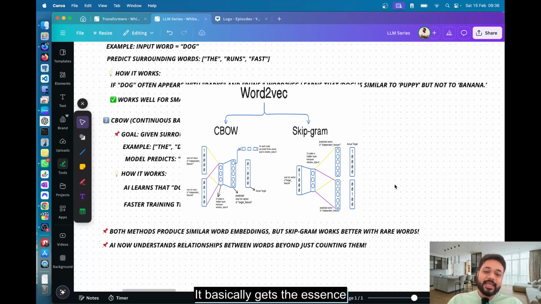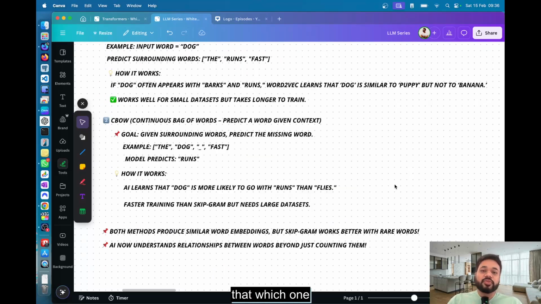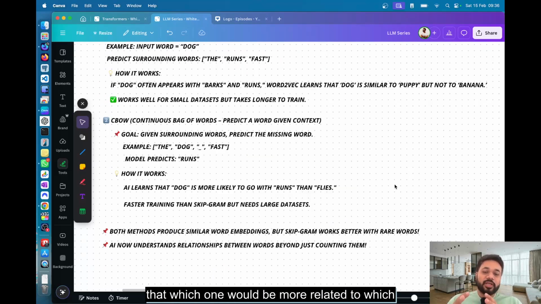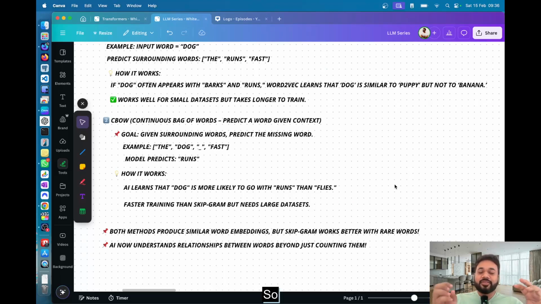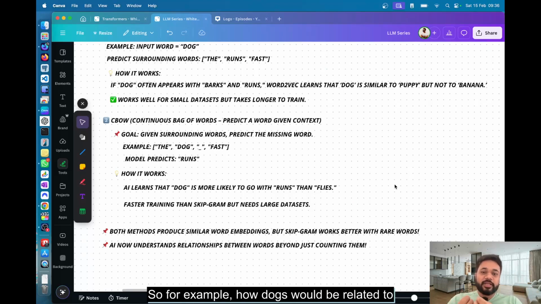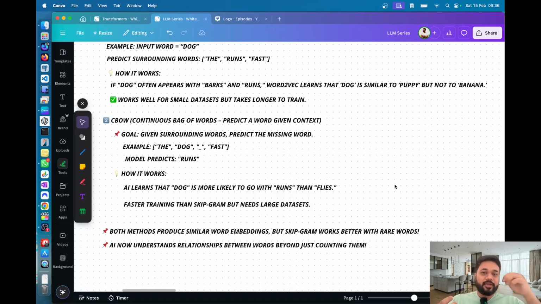It basically gets the essence of the words and the relationship between them, which one would be more related to which word and which word is not related to something. For example, how dogs would be related to puppies and how dogs will not be related to bananas or flies, right? Something like that.